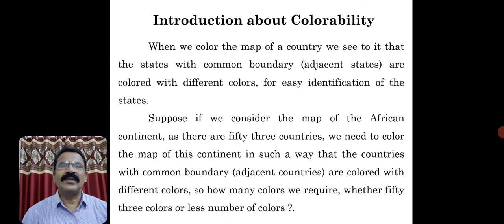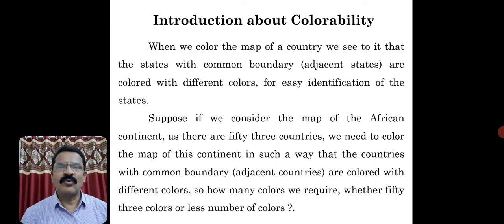So when we color the map of a country, we see that the states with a common boundary, or you can say adjacent states, are colored with different colors for easy identification of the states.